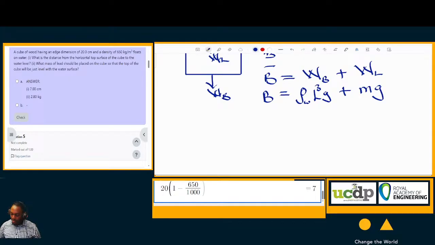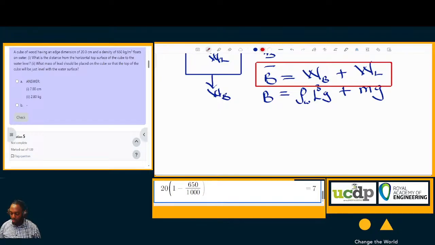So we're simply using this equation to determine what the mass would be so that the water surface is just level with the block, right?